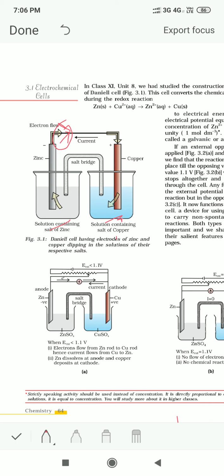So these are the observations which are made in the Daniell cell and their explanation. That is the reason why all these things are happening.